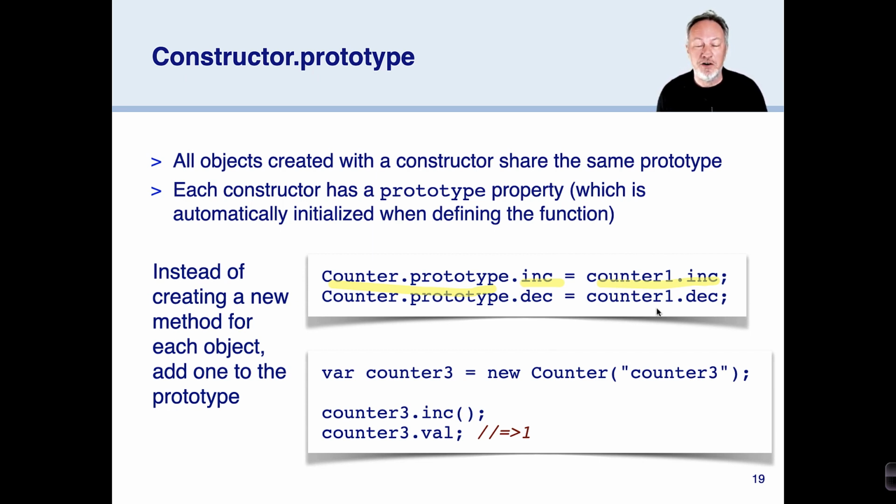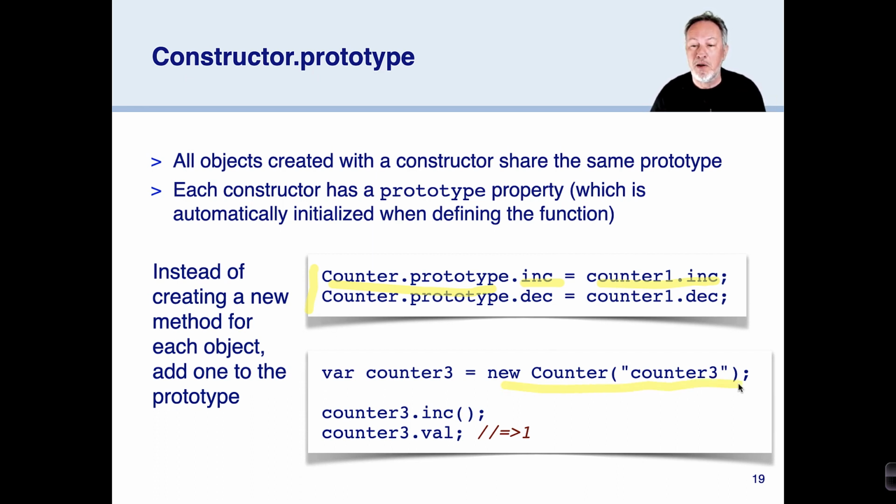We can share methods from anywhere, and they should work as expected as long as the features that are referred to by this actually exist. So now we can copy those methods over from our original counter1 that we manually created to the prototype of our constructor. Notice we could have done that before we created counter2, or afterwards, it doesn't matter.